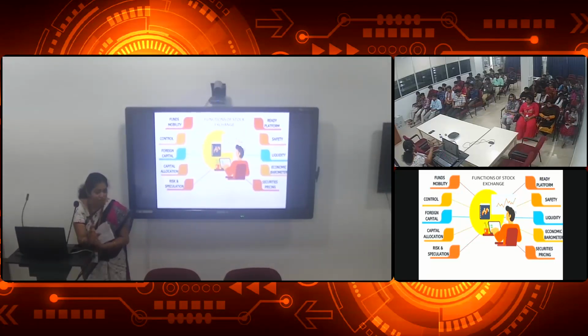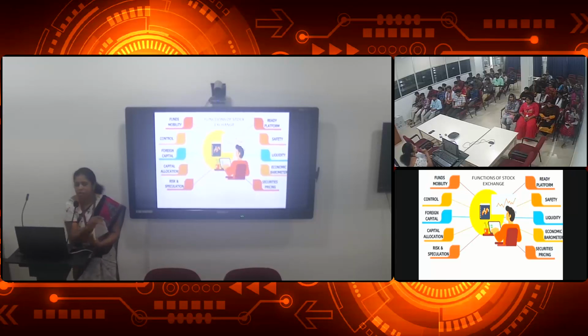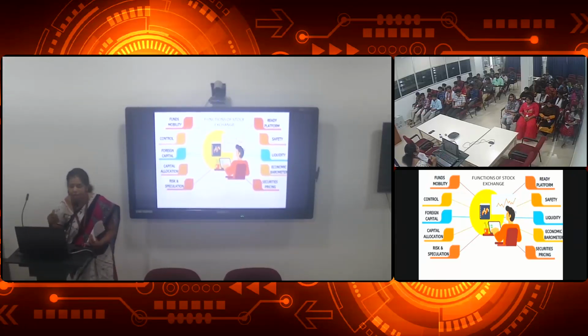That is liquidity. Liquidity means you can easily convert that amount into cash. Whenever you want the money, you can easily get it. So this is the safety one, the liquidity one.